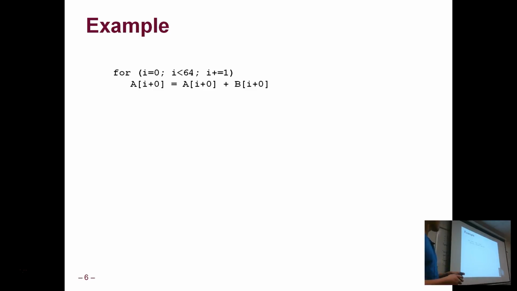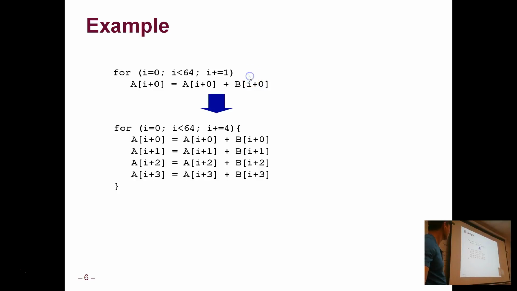Here's an example in C. I have this loop that is taking two arrays, A and B, adding them together and leaving the result in A. This is doing operations one at a time. You could unroll this operation like this to take these things 4 at a time.